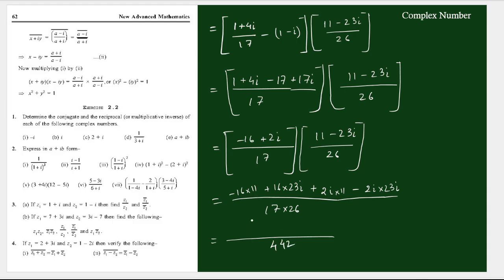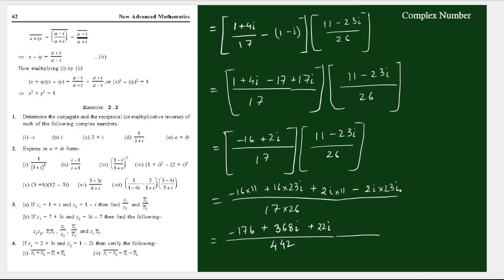16 into 11, 176, plus 16 into 23, 368, plus 22i.